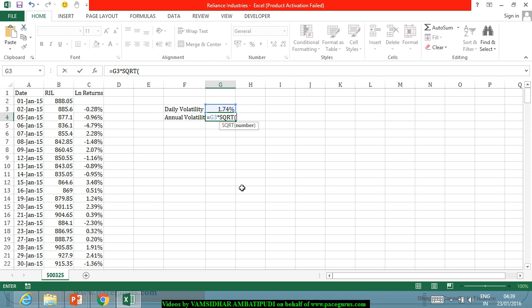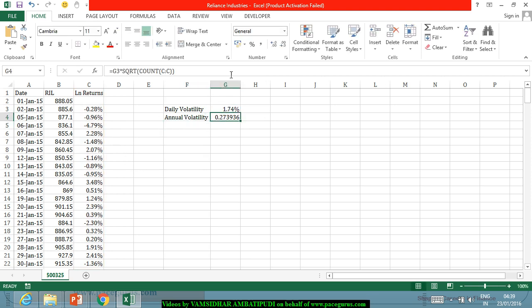I can count the number of trading days from this list, because this is annual data. So Reliance has carried an annual volatility of 27.39% in the last 1 year. Fair enough.